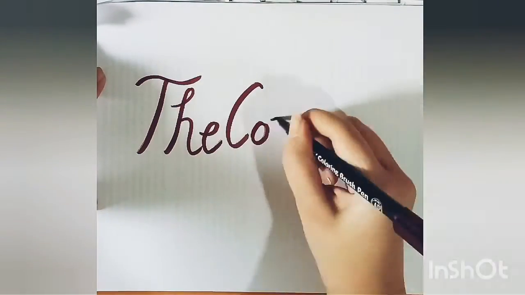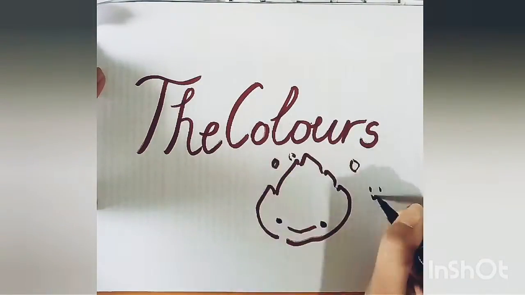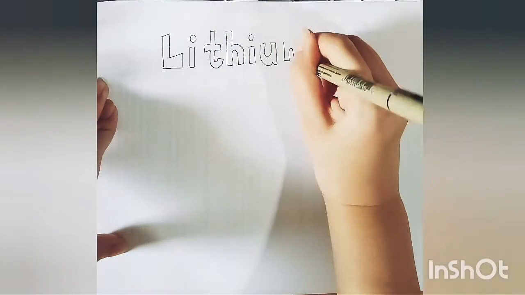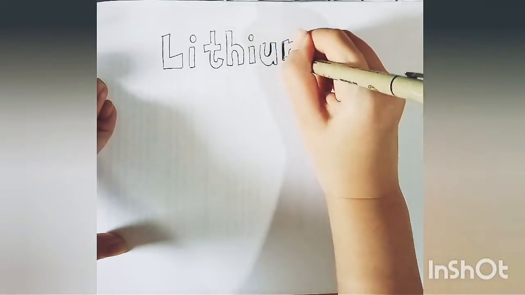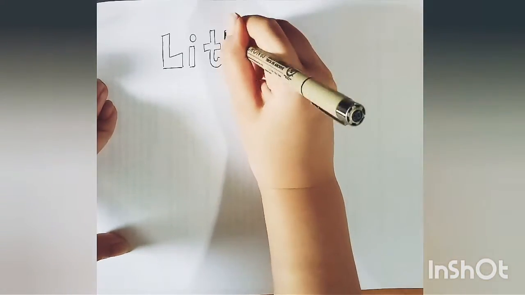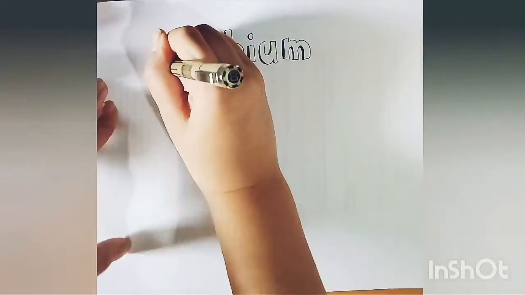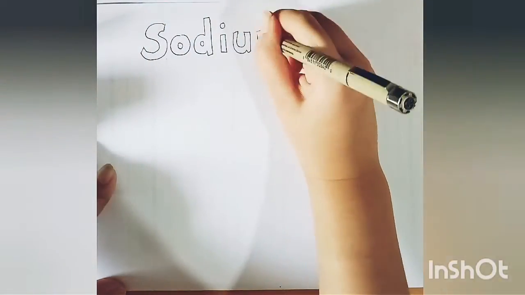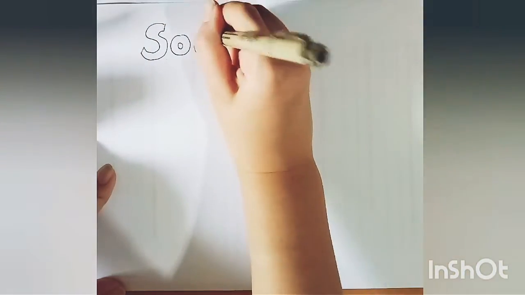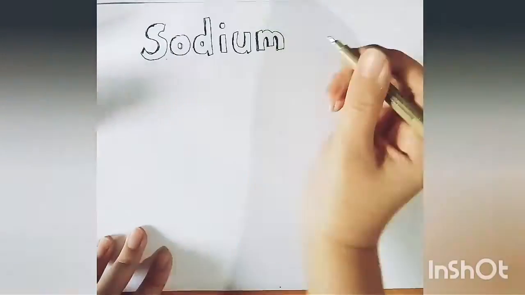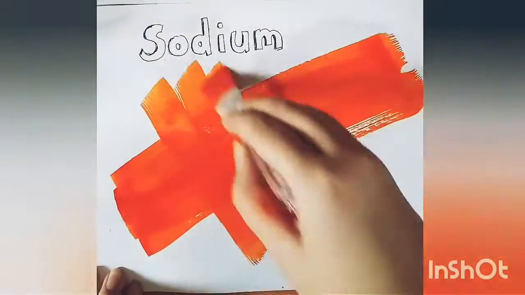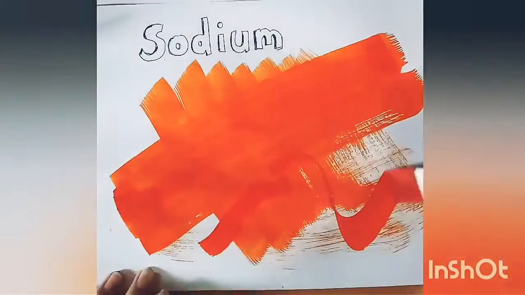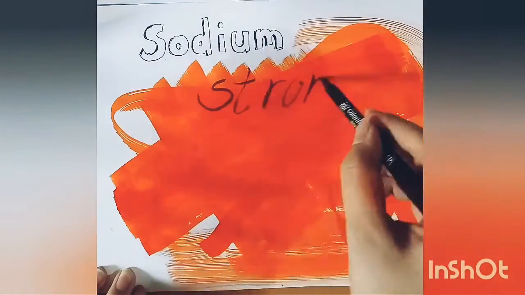Now, let us observe the colors produced by the common ions. Lithium produces a red color. Sodium produces a strong, persistent orange. Potassium produces a lilac or pink color.